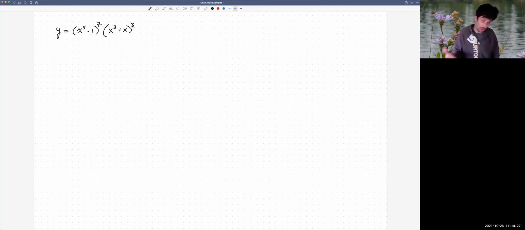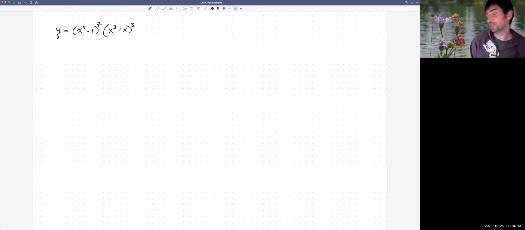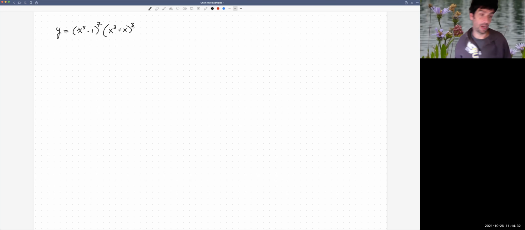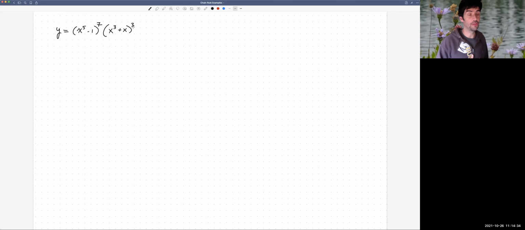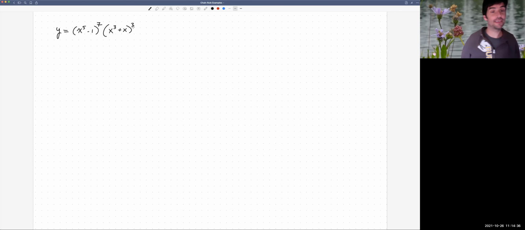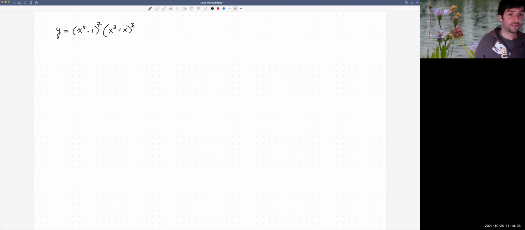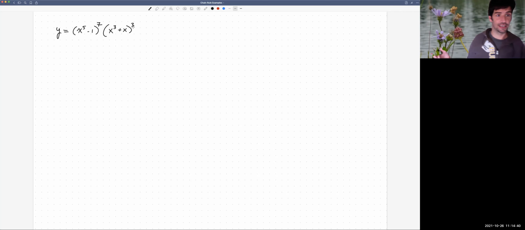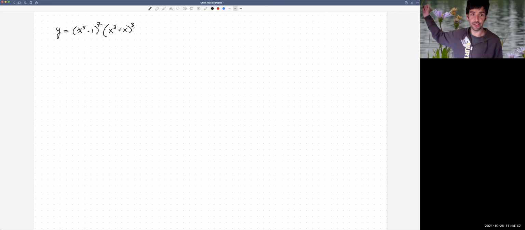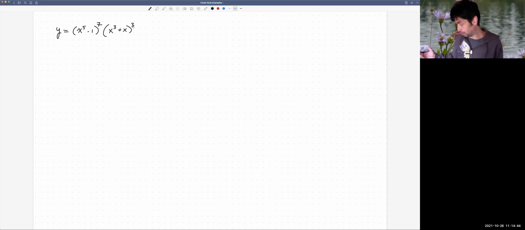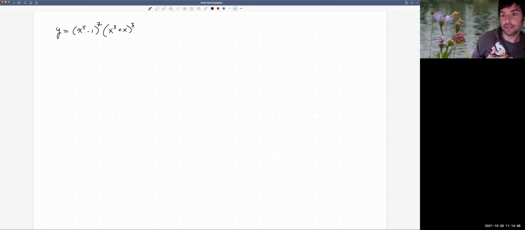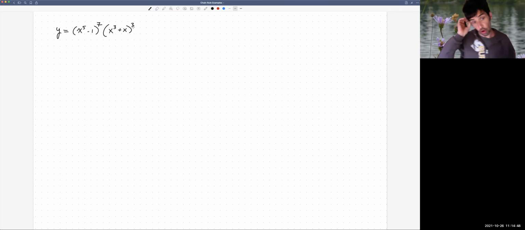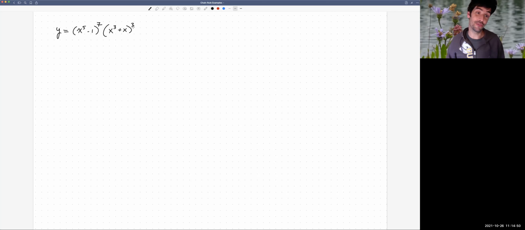So one strategy that we're not going to do is we could expand this whole thing, right? If I expand this whole thing, I'm going to get a massive polynomial. It looks like we'll have x to the like 44th power and then a whole bunch of other terms, right? But that, of course, would be an obscene amount of work, okay? So we're going to use the methods we now have.